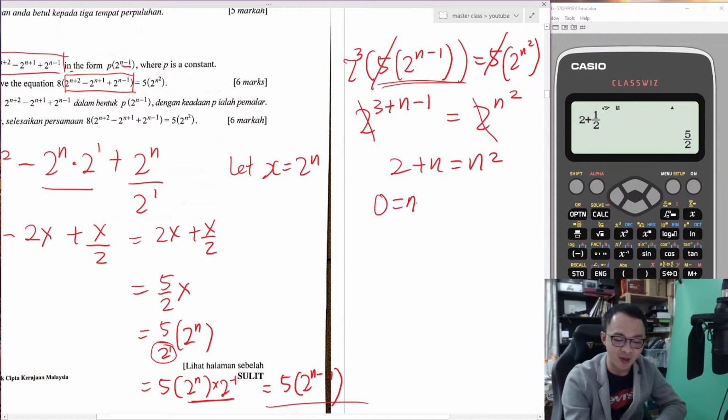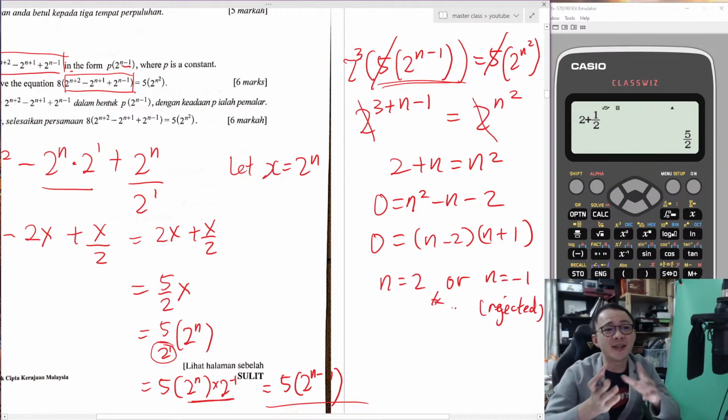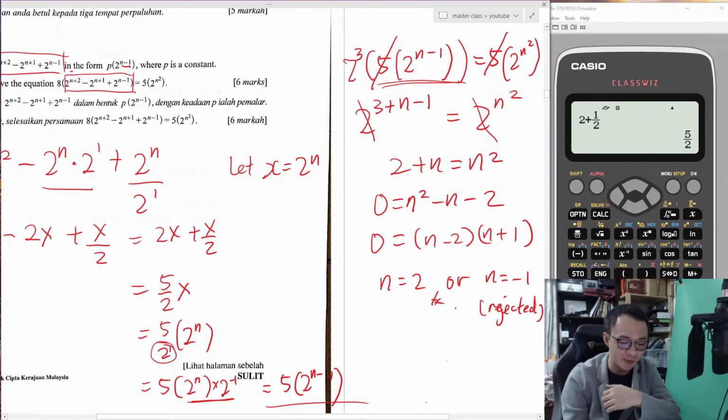So 0 equals to n squared minus n minus 2. Then I will just factorize it. This is n minus 2 times n plus 1. So n equals to 2 or n equals to negative 1. Since n cannot be negative, I will just reject it here. So I only have one answer, which is n equals to 2. Alright, I will say this indices question is slightly harder than the normal indices question you do, but it's not too bad.